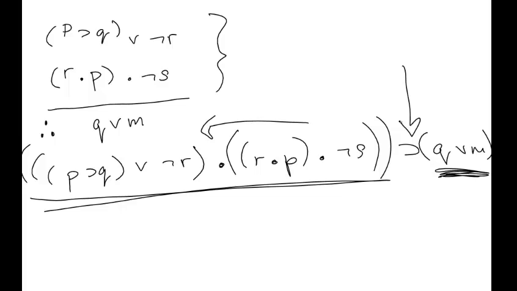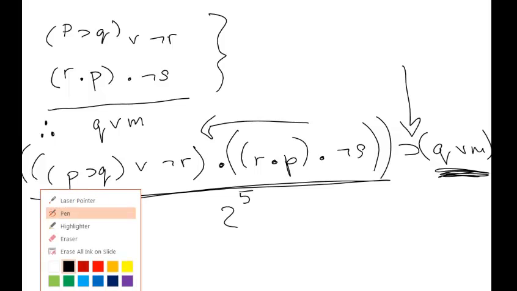Now that's going to be a pain because first off, look at how many variables we have here. We've got 1, 2, 3, 4, 5 variables. We've got 2 to the 5 rows on the truth table, and that's too many.